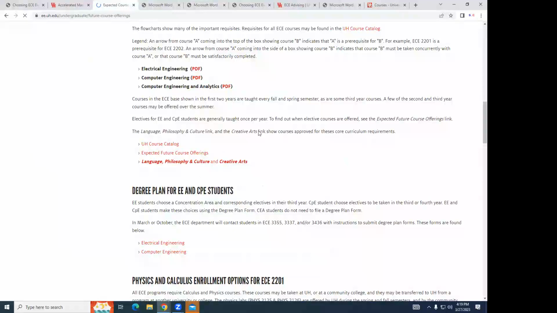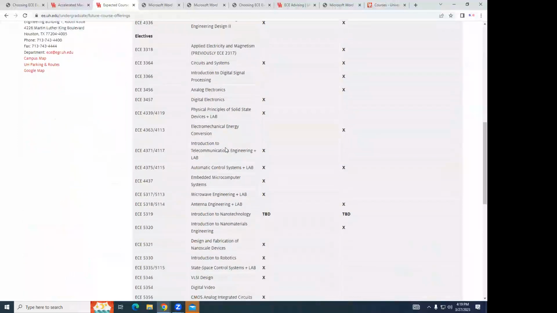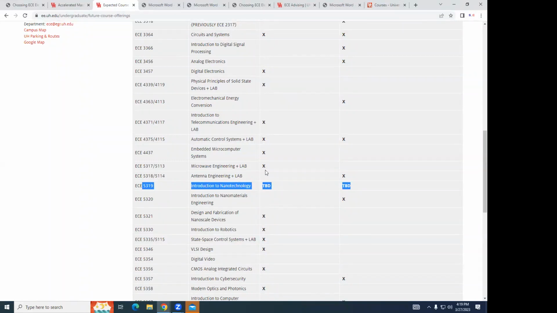There is expected future course offering. So here are all the required courses, and they're taught in fall and spring. But the electives are taught only in fall or spring. Actually, Intro Nano, I got to get with those guys to find out when they want to do this.